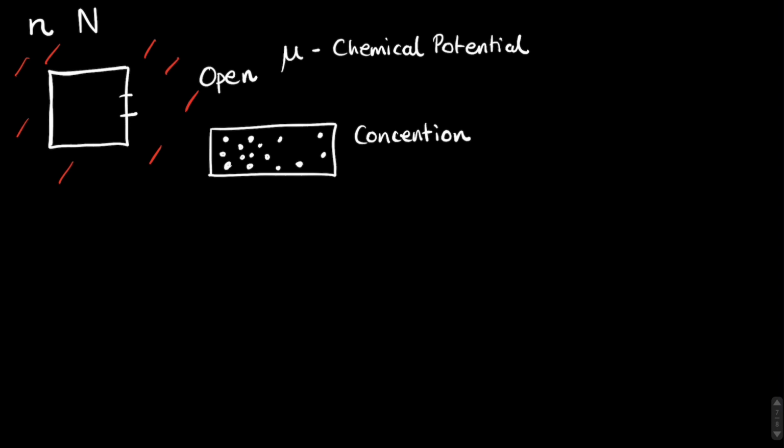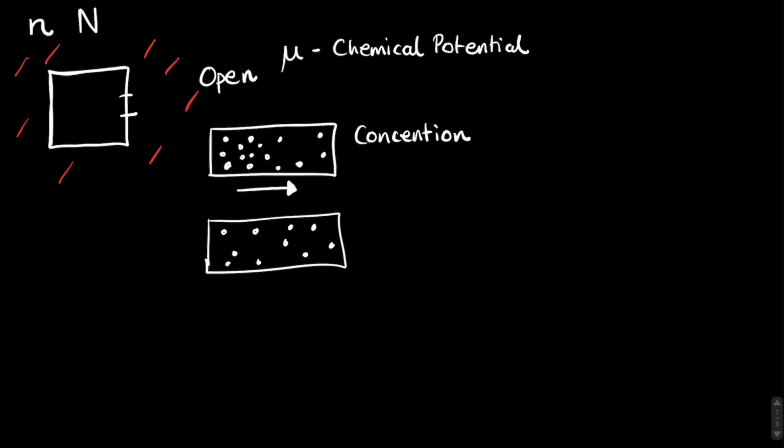And so what's going to happen if we just let the system do its thing? Well, the particles are eventually going to spread out until they're all at the same concentration. It's not going to naturally stay like this for very long. It's just going to spread out until they're all roughly uniformly distributed.